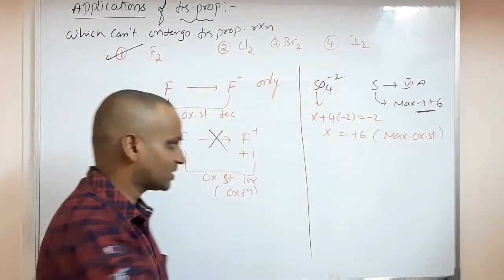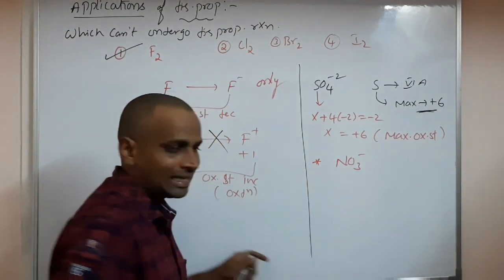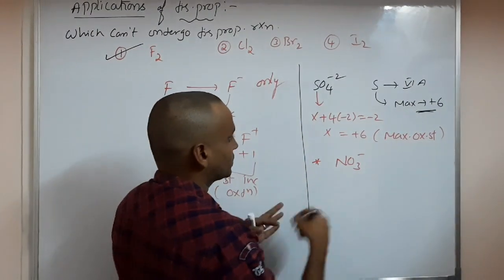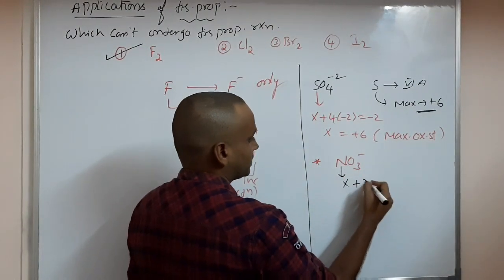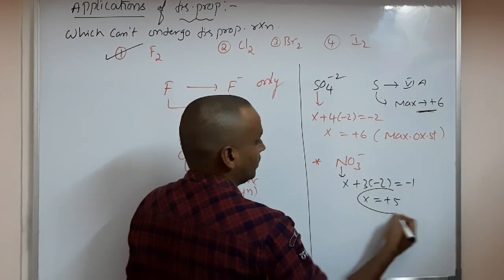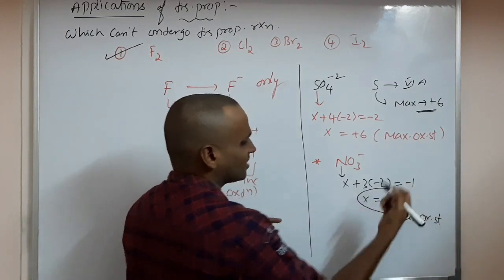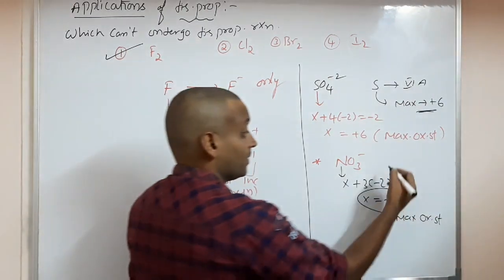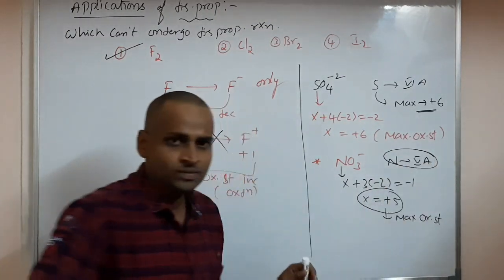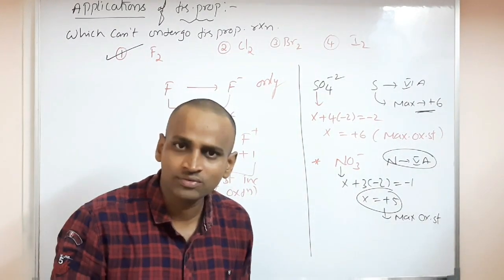Like NO3 minus. I'll say this cannot undergo disproportionation because for nitrogen, x plus 3 into minus 2 is equal to minus 1, so x equals plus 5, which is the maximum oxidation state. Sir, how are you deciding this is the maximum oxidation state? Because nitrogen is in group 5A, so its maximum oxidation state can be plus 5.